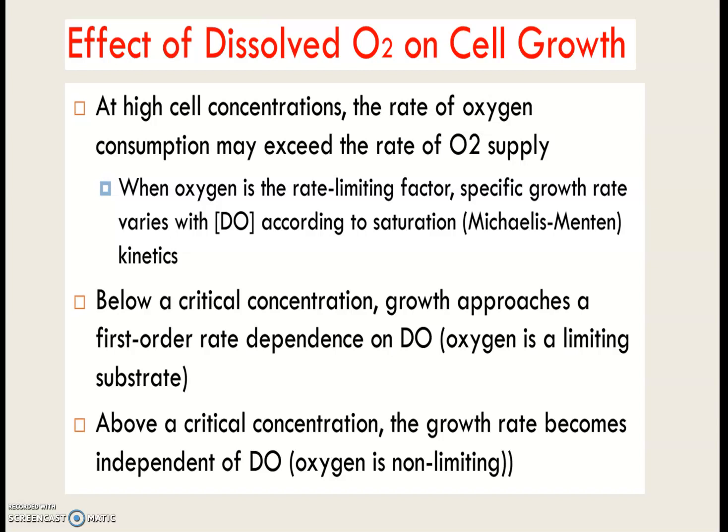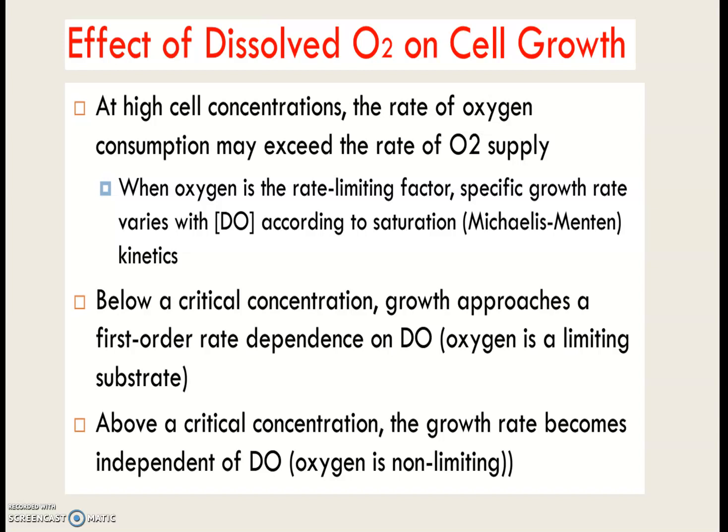At high cell concentrations, the rate of oxygen consumption may exceed the rate of oxygen being supplied in the fermentation. When oxygen is the rate limiting factor, the specific growth rate will vary with dissolved oxygen according to saturation kinetics based on the Michaelis-Menten kinetics.